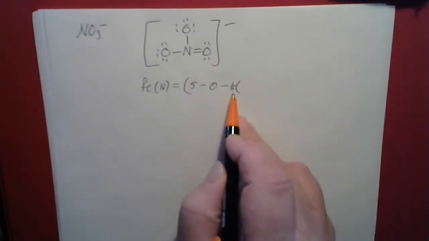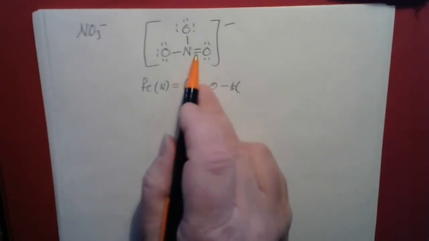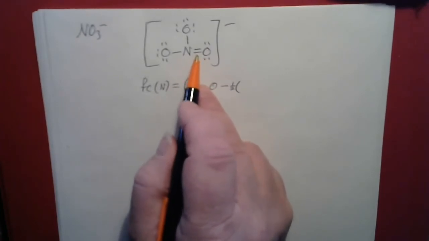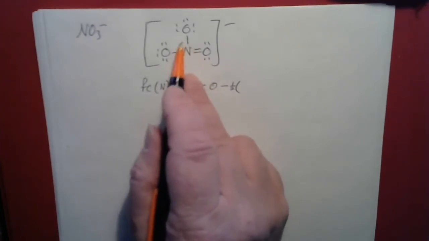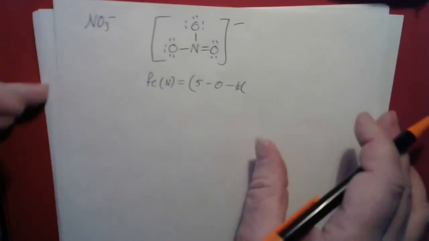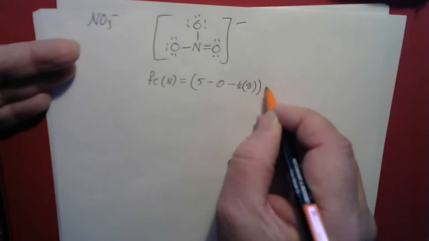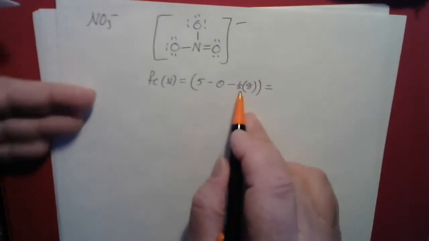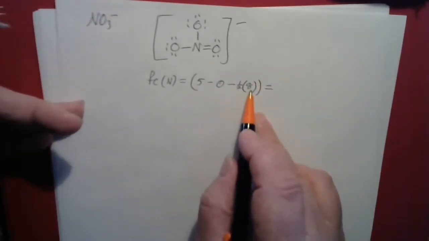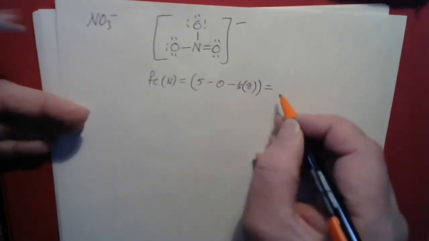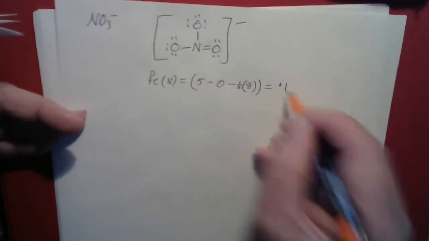Minus half of the bonding pair electrons around the nitrogen. Remember, each bond has 2 electrons in it. So there's 2, 4, 6, 8 electrons in bonds around the nitrogen. So 5 minus 0 minus 1/2 of 8. In other words, 5 minus 4 is +1.